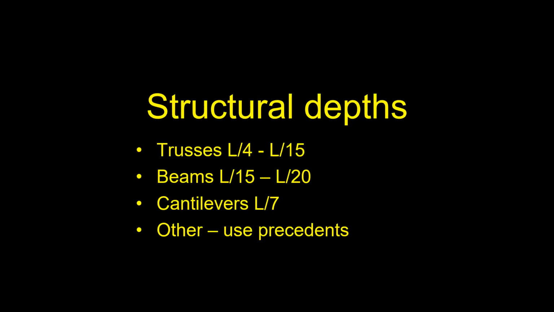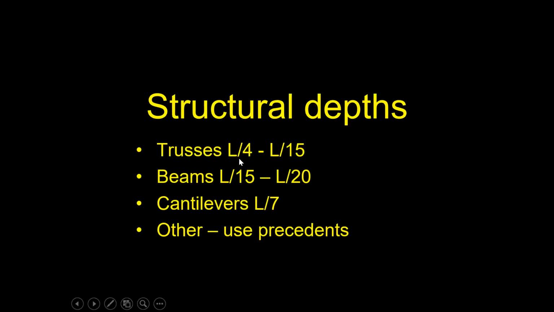So here's some rules of thumb for you for your long span structures. If you're using trusses, the depths of your trusses are going to be the span divided by 4 to the span divided by 15.